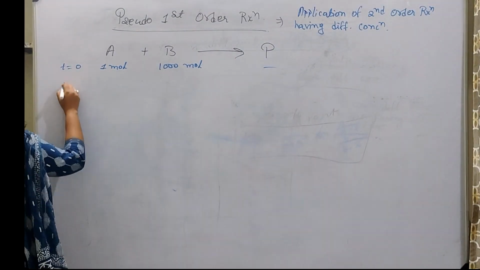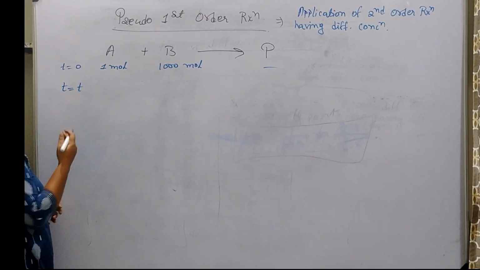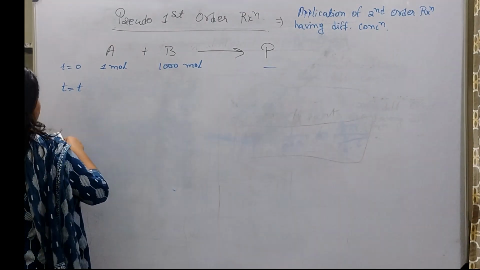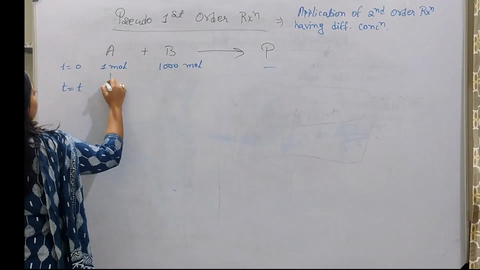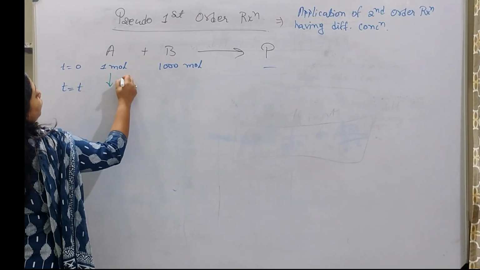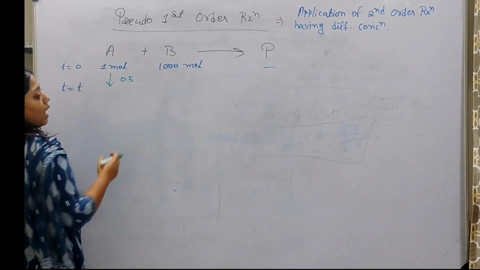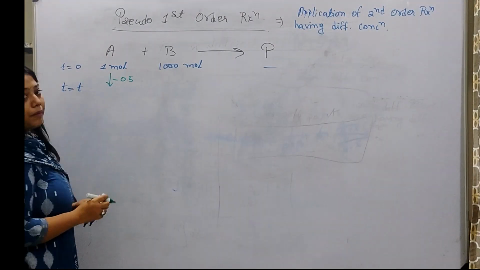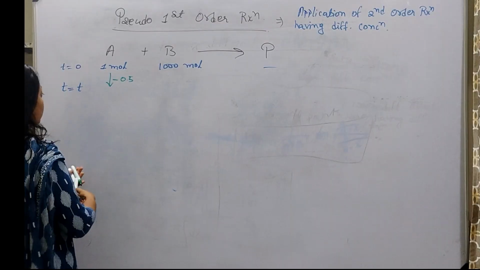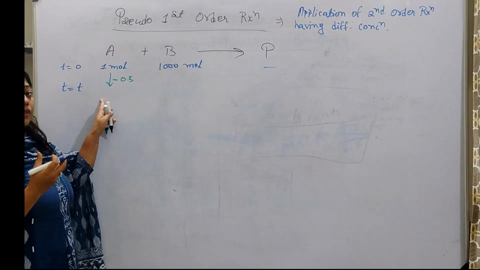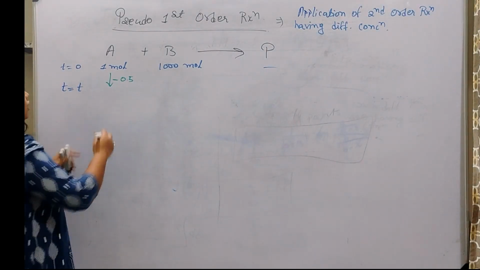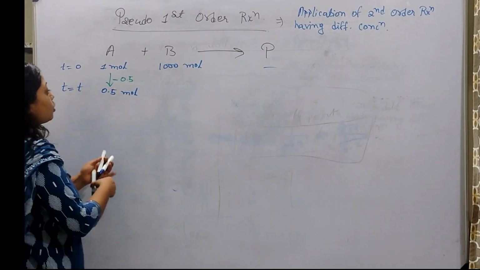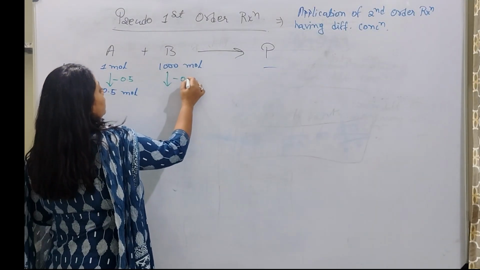Now at time T, after the reaction has proceeded, let's suppose some amount of A is consumed. Let's suppose 0.5 mole is consumed. As it is consumed, I am symbolizing it with a negative sign, minus 0.5. Now the reactant which will be left unreacted will be again 0.5 mole, and from B also 0.5 mole is consumed.